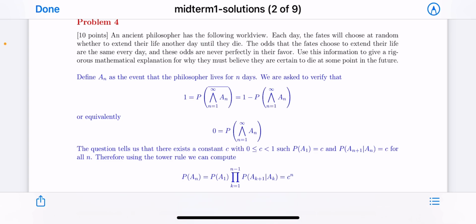The philosophical message of the question is that no matter how close to 1 C is, you're still going to die. So even if you believe you're super healthy and you have a 99.9999999% chance of living every day, because you're not perfectly healthy and the chance is less than 1, you're still going to die.